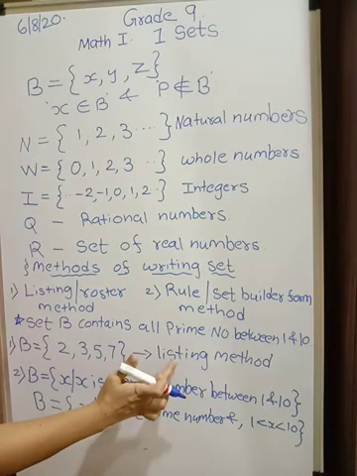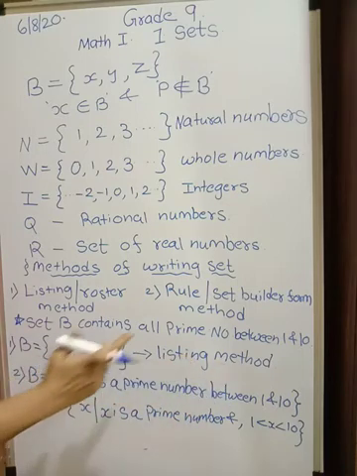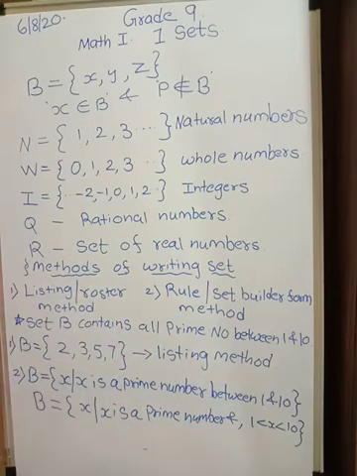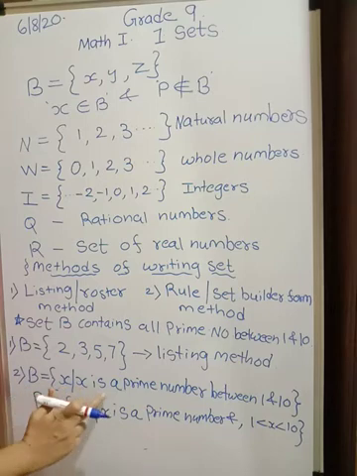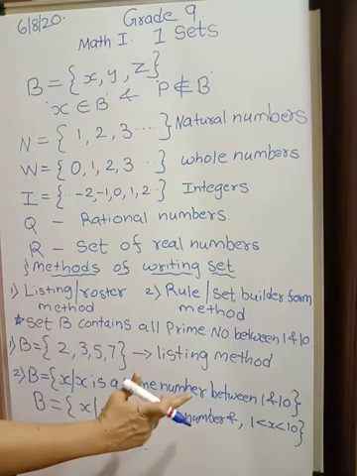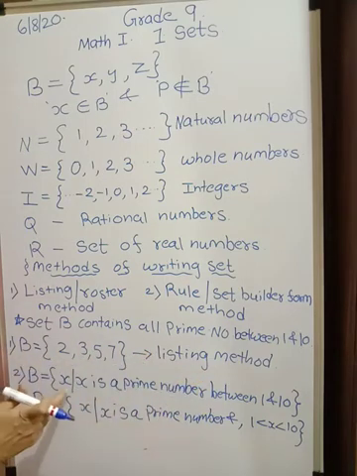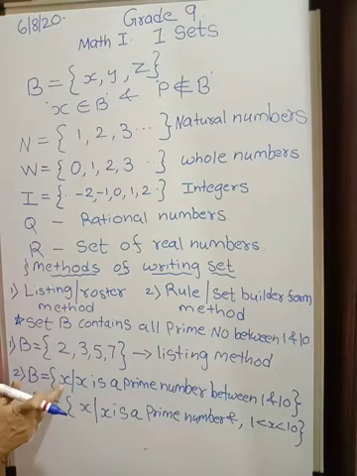It is called listing method. Now another method is what? Rule method. In rule method, what we have to do? We have to make use of one variable and then list the property which has been asked. For example, B is set of all x such that x is a prime number between 1 and 10. So all x means what? All the numbers which are prime numbers but they are between 1 and 10, they will be denoted x.